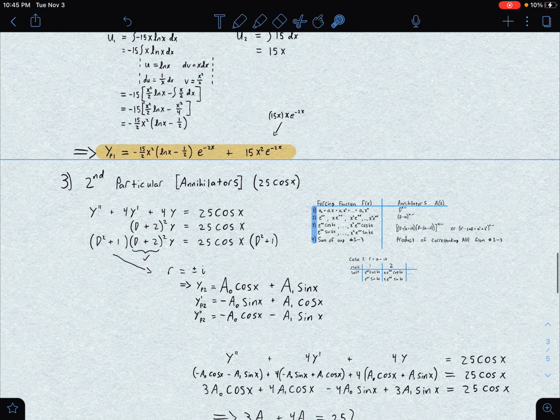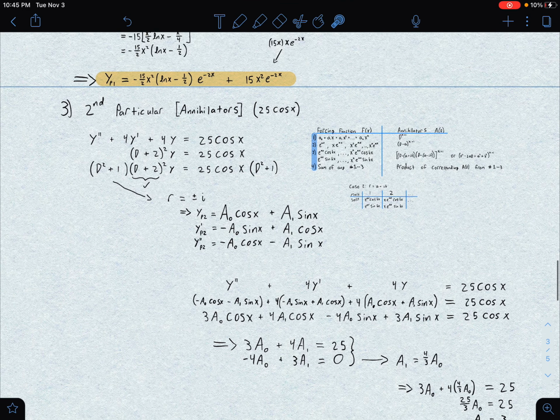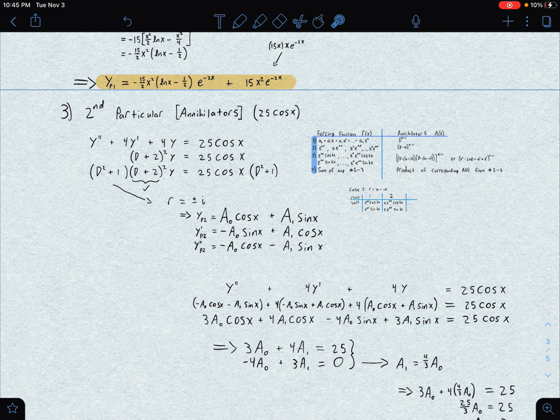Now on to the second one, using annihilators, and this one involves the 25 cosine x part of our forcing function. So we have y double prime plus 4y prime plus 4y equals 25 cosine x. Now from above, we know that this simplifies to (D plus 2) squared operating on y equals 25 cosine x.